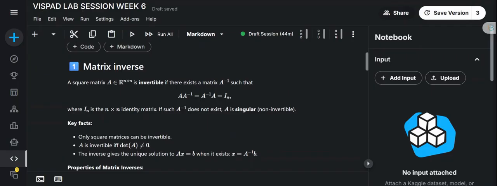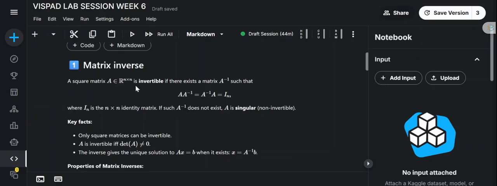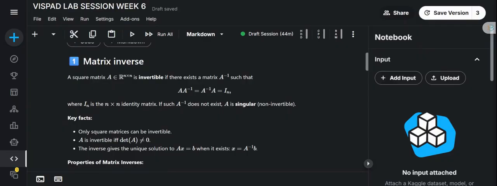If you have a matrix A, the inverse of that matrix is A raised to the power negative 1, but calculating that inverse is way more different than finding the inverse of a normal real number.